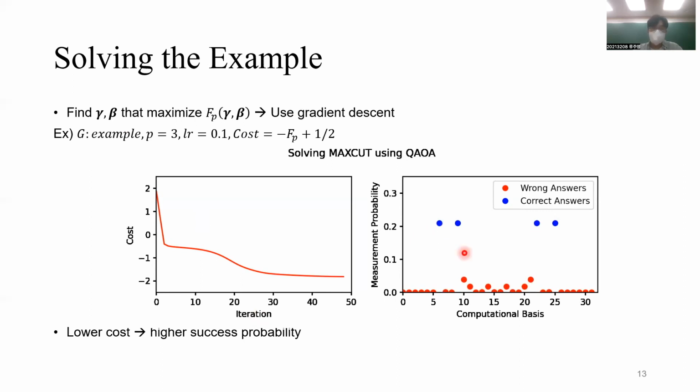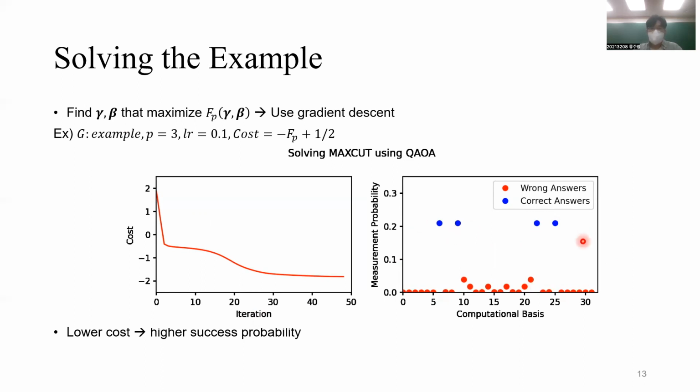And so we can see how QAOA can be used to find an approximate solution to max cut. Using the state that gives these types of measurement probabilities, we can measure this state multiple times to find the correct answers with a high probability.